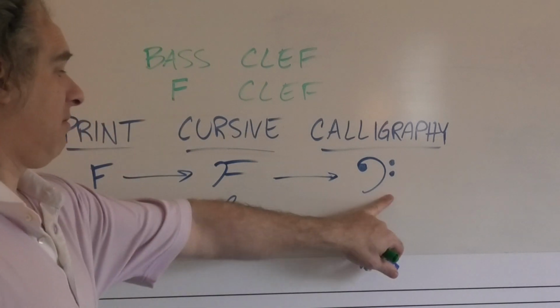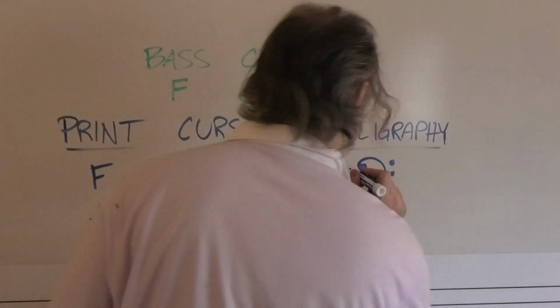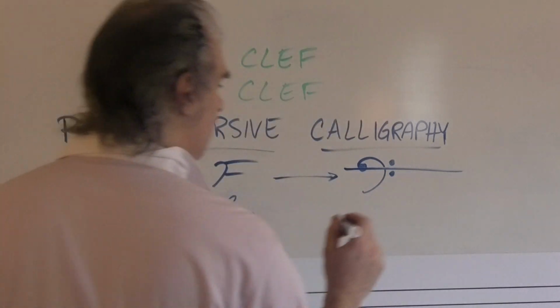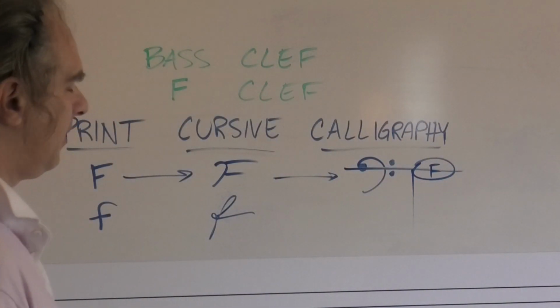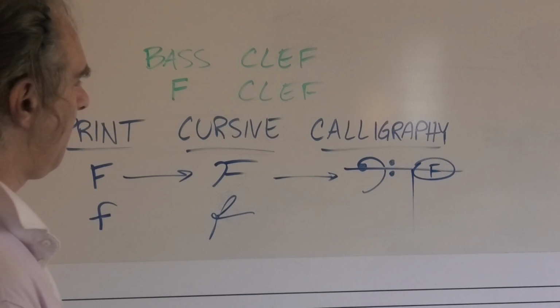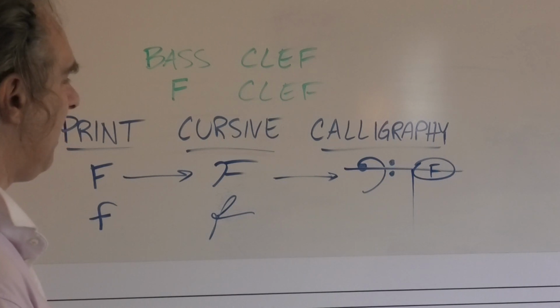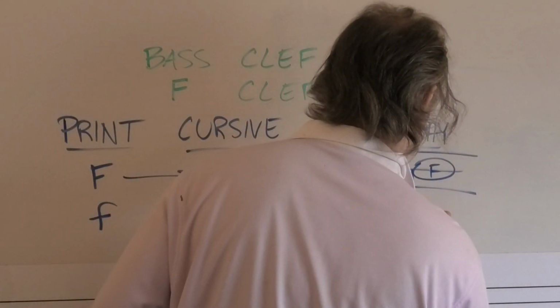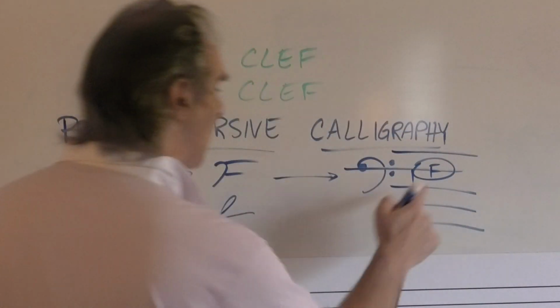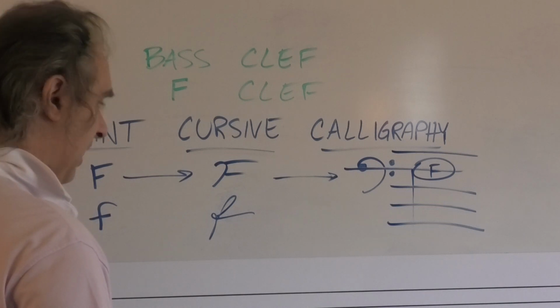That's an F. And we write the F note right there. That's F. So we have 1, 2, 3, 4, 5. That's our F staff, our bass staff.